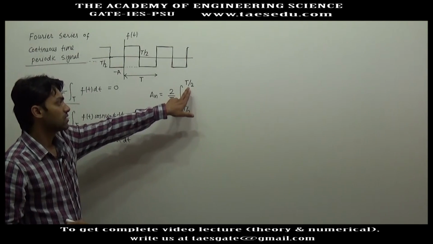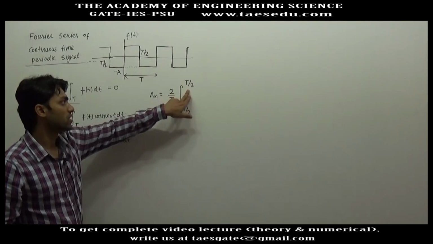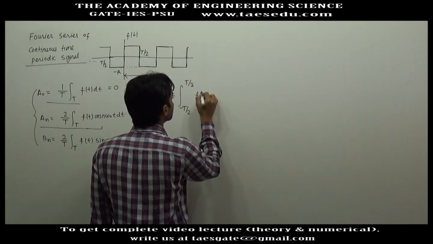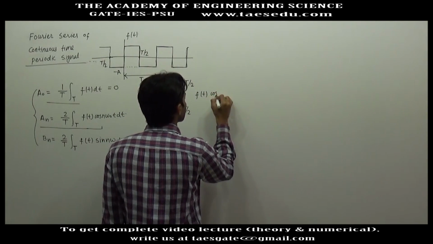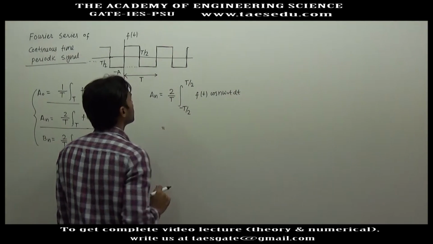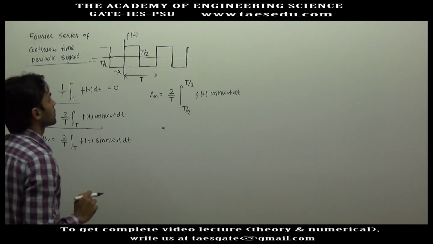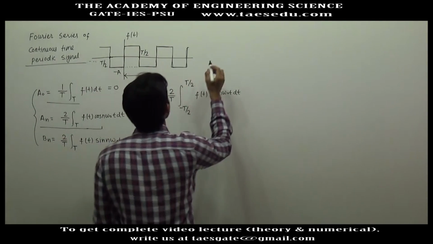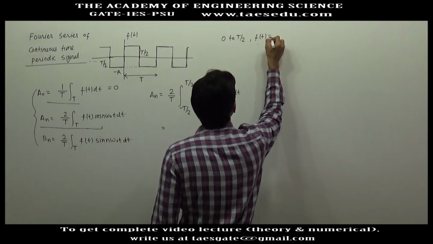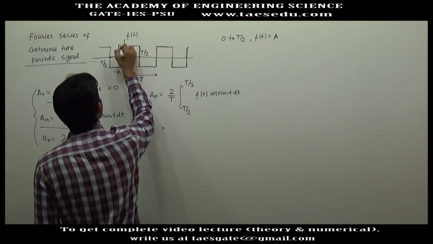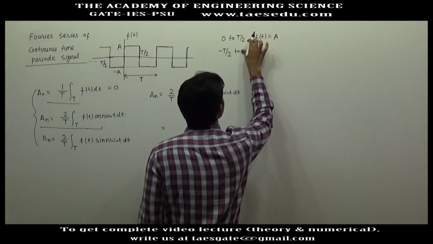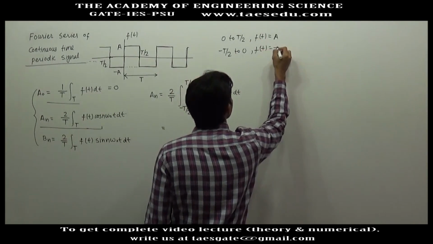If you subtract the lower limit from the upper limit, you will get a duration of T. f(t) cos n omega naught t dt. Now, what is the value of f(t)? From 0 to T by 2, the value of f(t) is constant at a, and from minus T by 2 to 0, the value of f(t) is constant at minus a.